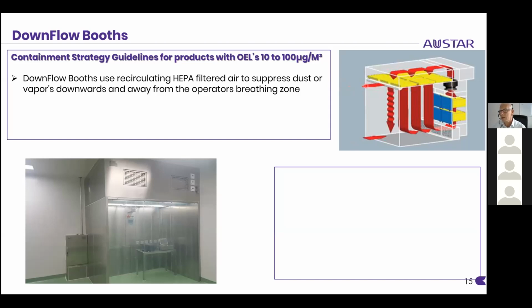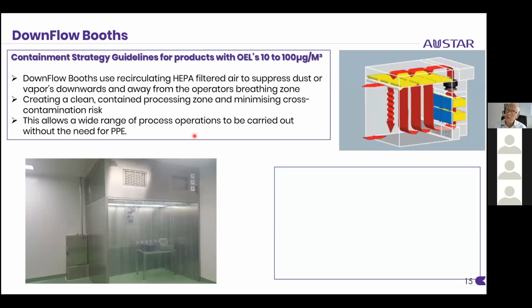So we also get some air changes through this system. Very simple systems, very common, but very effective at protecting operators. They create a clean environment, and also it allows the operators to work in there without the need for PPE, because it keeps the dust away from their breathing zone.